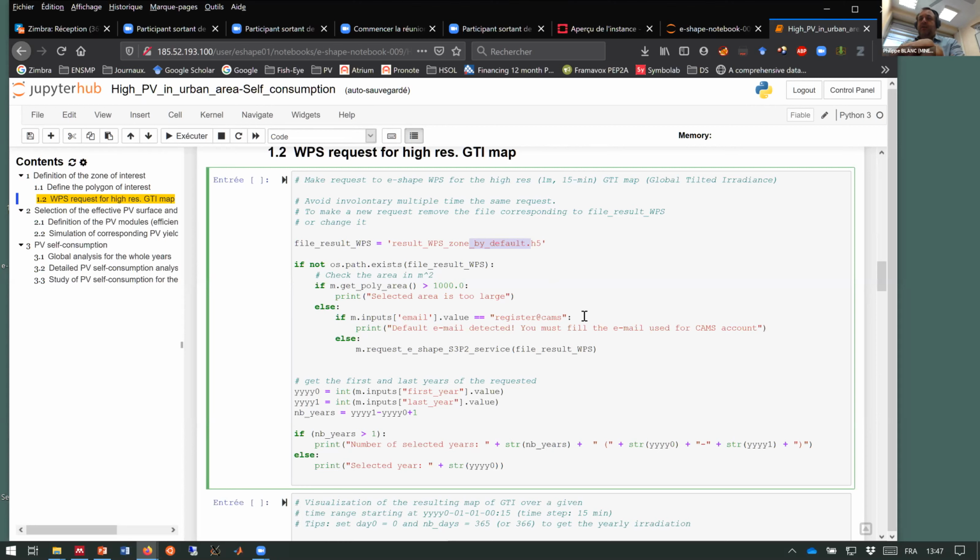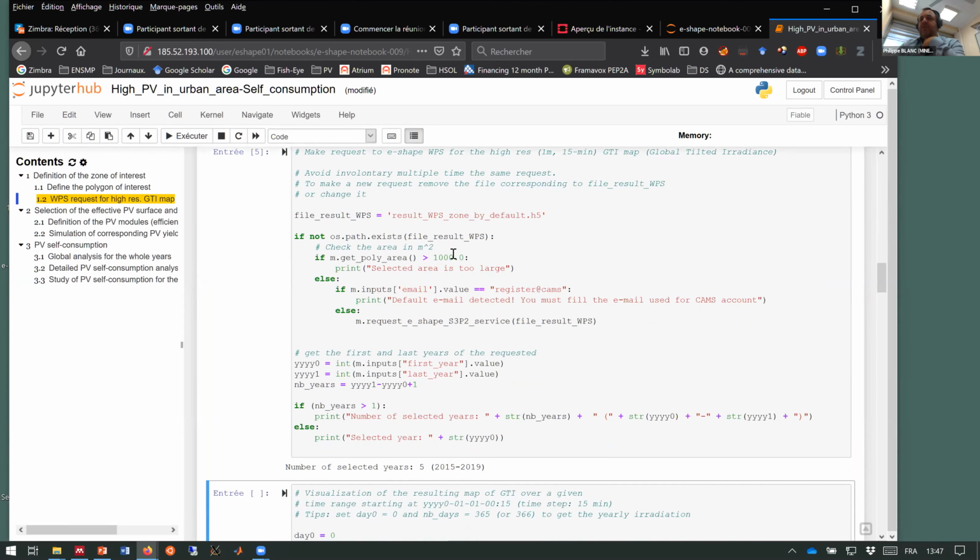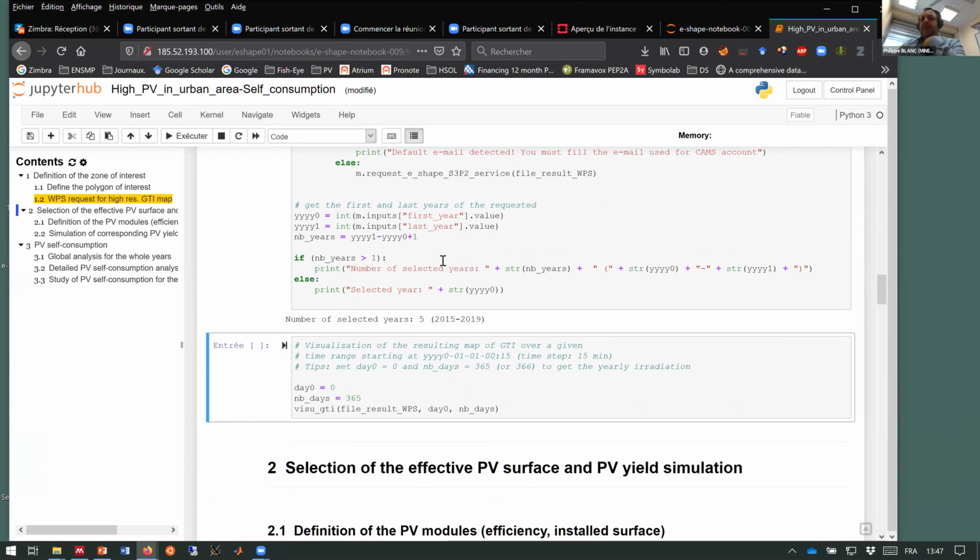Okay. So I use this cell again. Nothing happened in terms of web processing services, but I have a recap saying that I have selected 5 years. Okay. So now this section helps you to look at the data that has been provided by the computation. I will start with one example, and I want to see as a time series and as an image what has been computed.